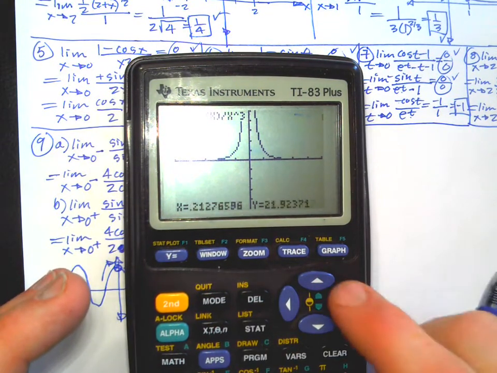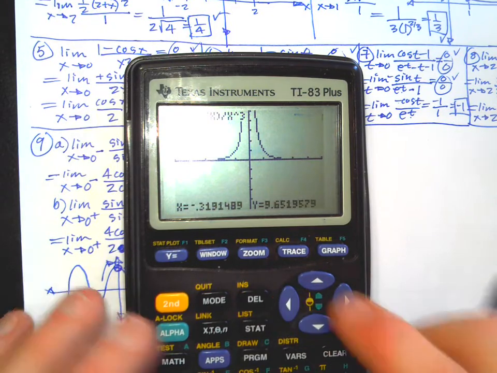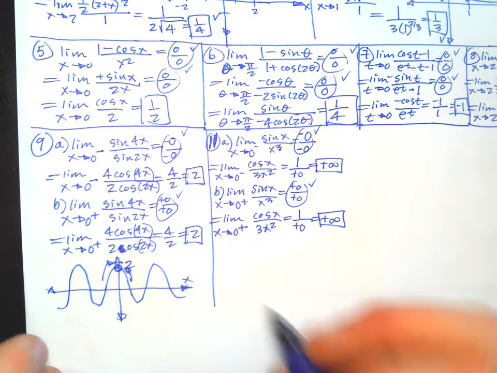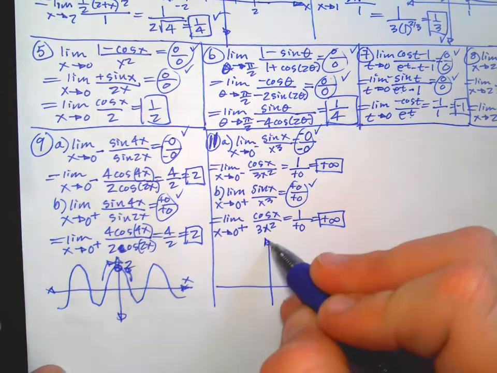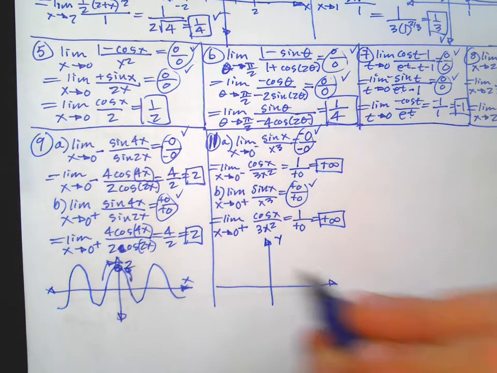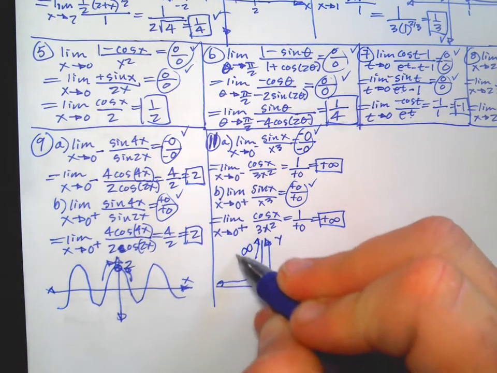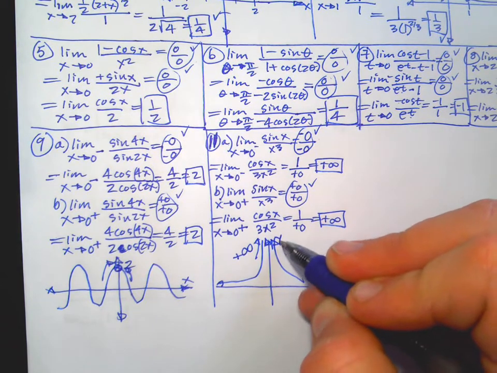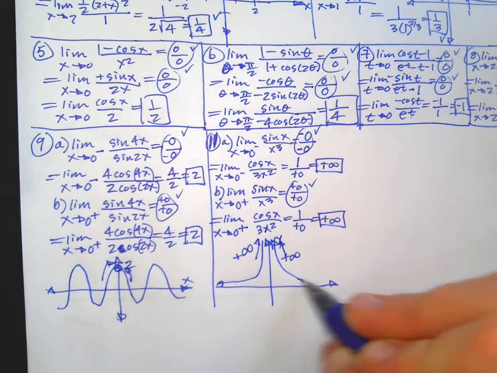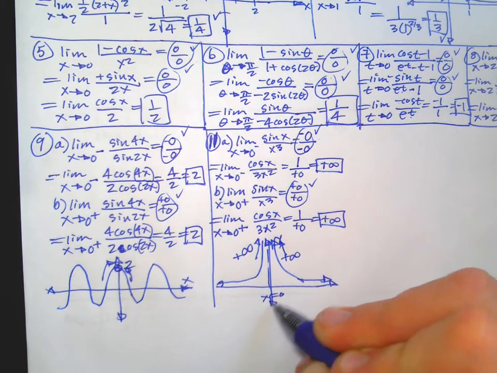It's a vertical asymptote, but you'll see the values are starting to blow up as we get close to 0 from both sides. And they're both going positive, so that makes sense with the results we got algebraically from L'Hopital's rule. The graph looks like this. It's going to positive infinity on both sides. It looks like there's a vertical asymptote.